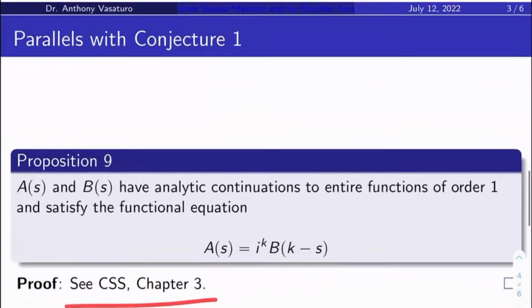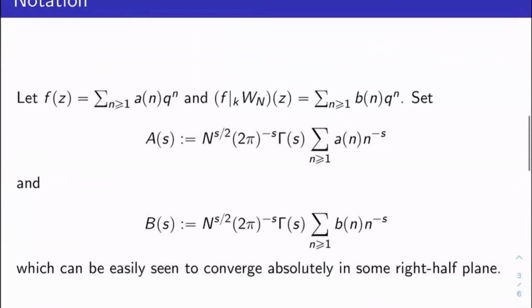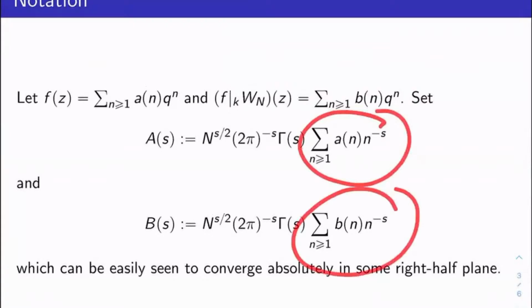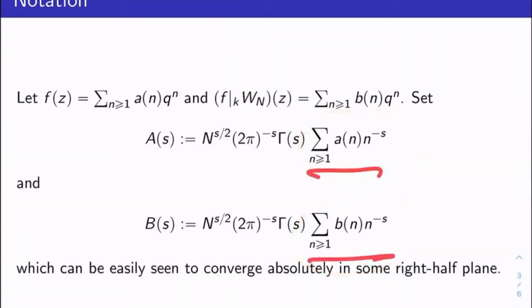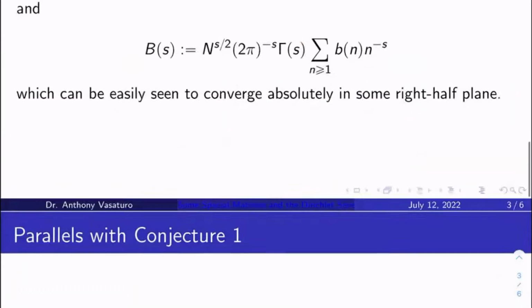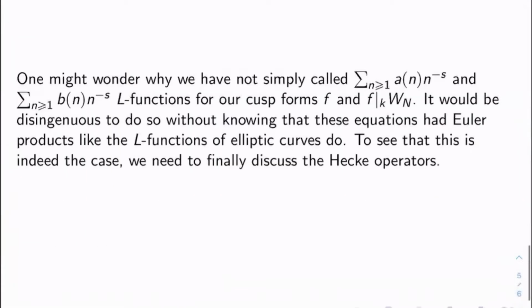Speaking of L functions, why didn't I just call these L functions of my cusp forms? They sure look like L functions to me. The problem is you can't really call them L functions because it would be disingenuous to do so without knowing that these series here actually have Euler products. Remember, L functions of elliptic curves and of abelian varieties do have Euler products.